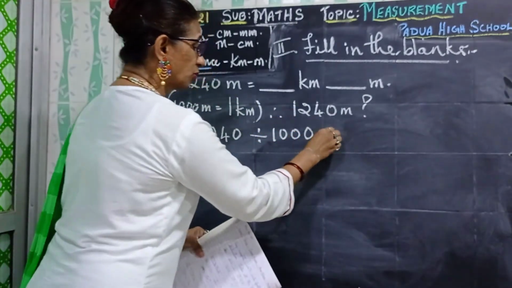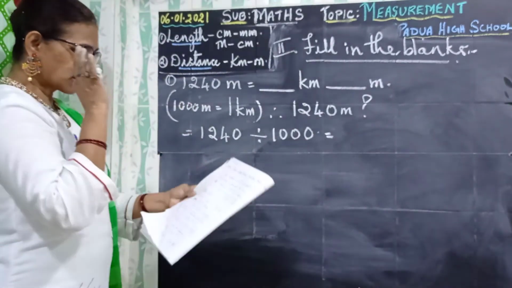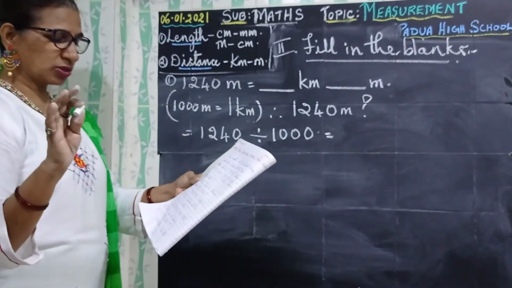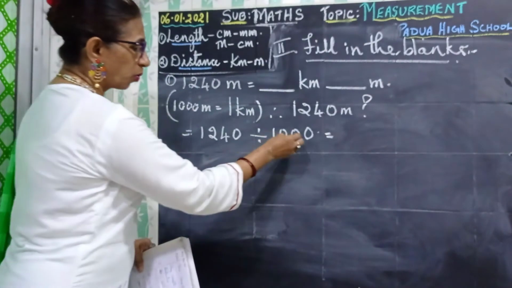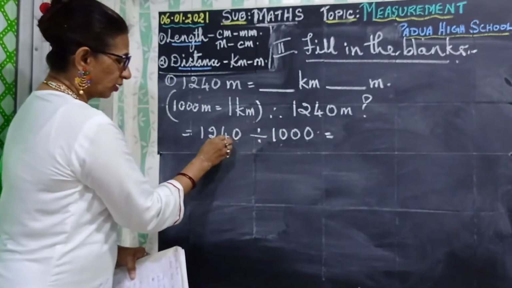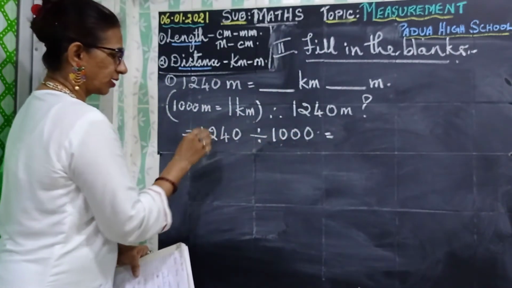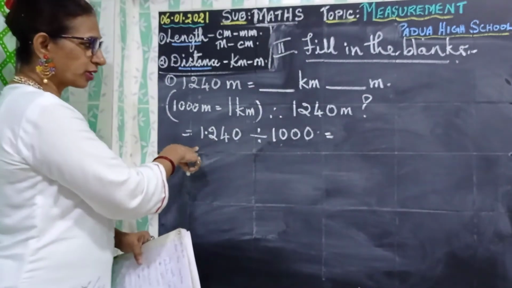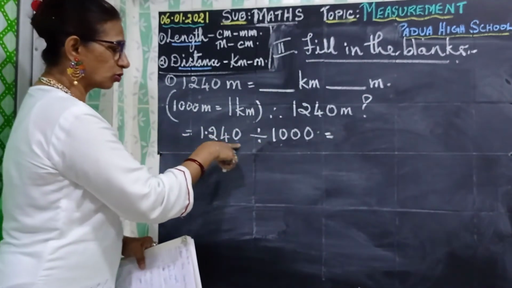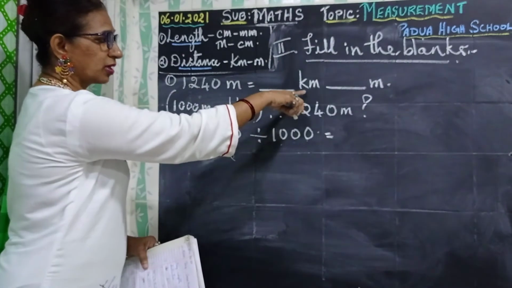That is equal to, अभी मुझे इसको डिवाइड नहीं करना है, अभी सिंपल है. आपको कितने जीरोस है वो देखने हैं. ओके, 1 2 3 1 2 3 इधर आपको डॉट डालना है. क्लियर? So what is 1,240 meters is how many kilometers?